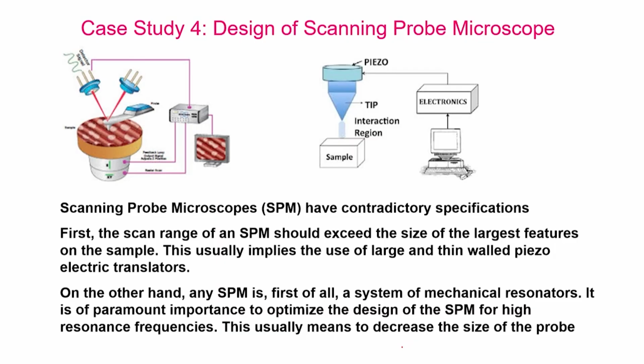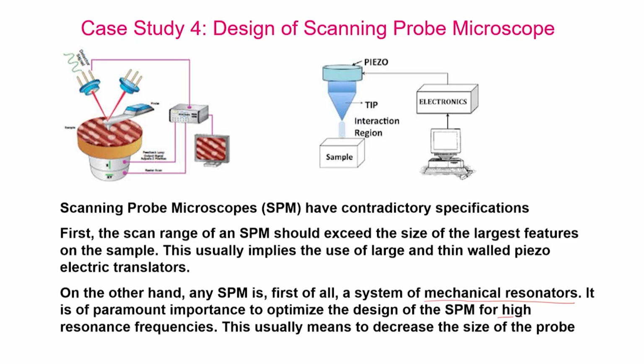So, for the tip of the scanning probe microscope, let us say we are trying to check what will be the optimal design. Here, instead of light and stiff, one of the criteria that we will have is that because it works like a mechanical resonator, we would like to increase the resonating frequency of the system.